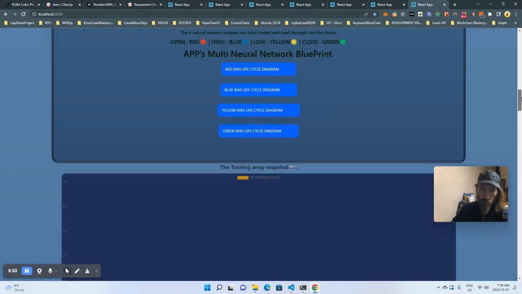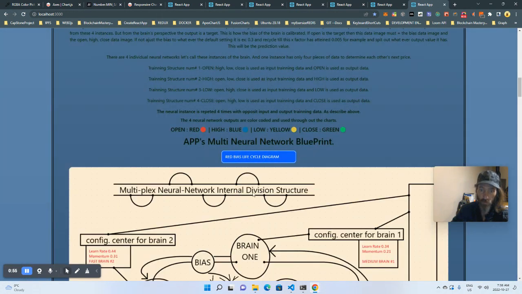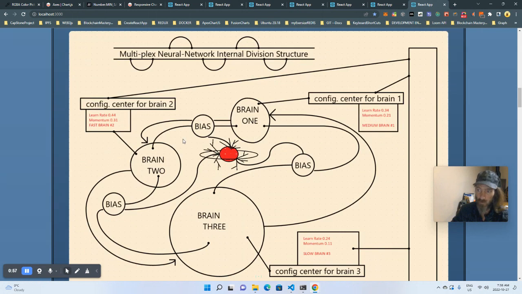They're all individual brains, but every individual brain is set up with three brains. For that purpose, I create a medium brain, a fast brain, and a slow brain. How? Just by tweaking the learning rate and momentum, and through experience with this, I create three lines.